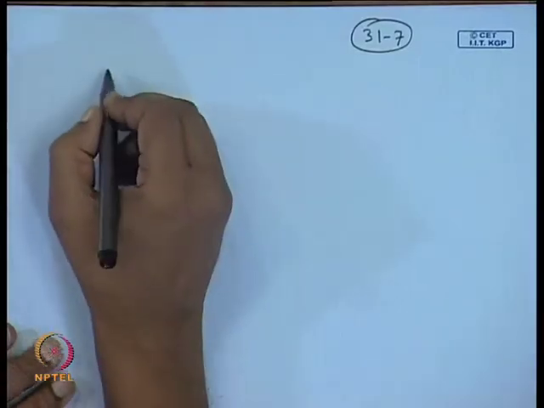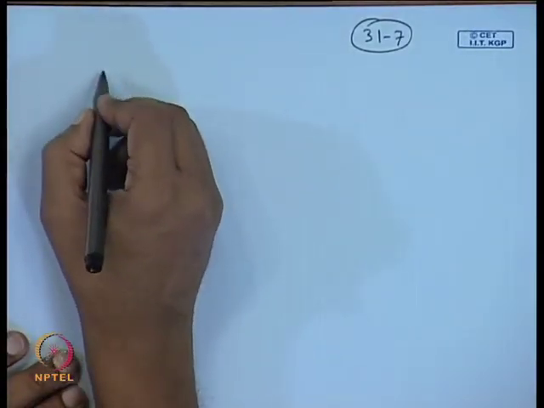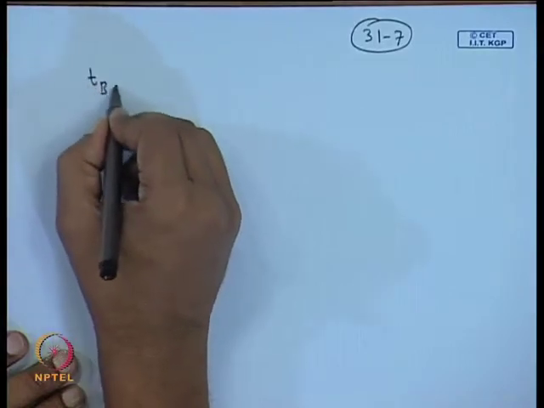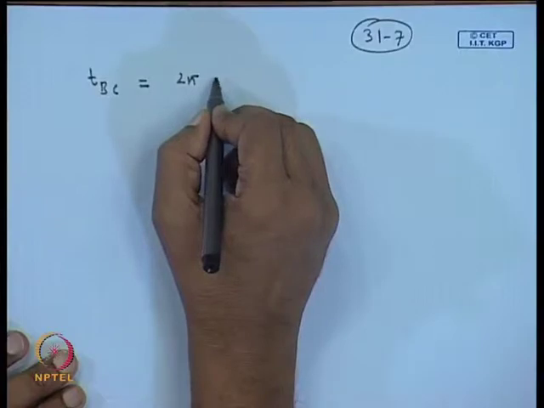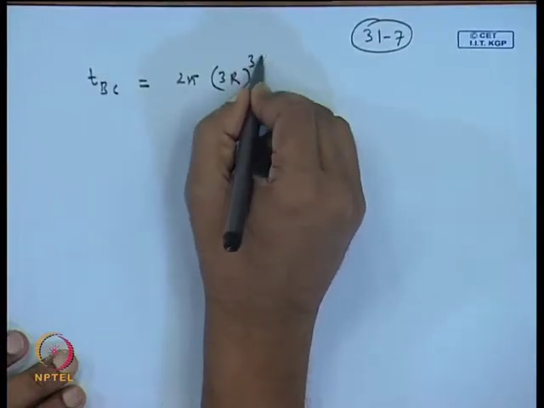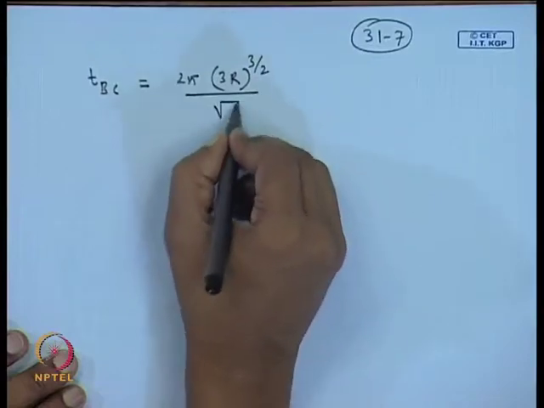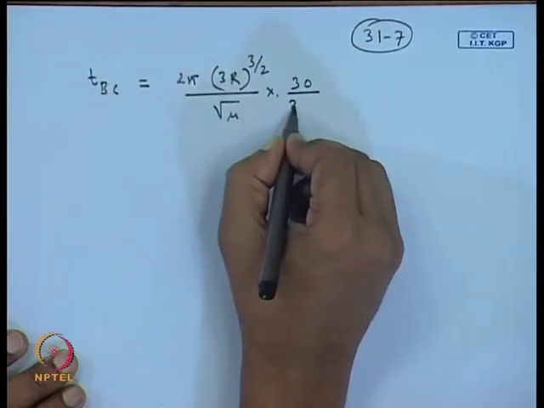Okay, so, if we now put these values, so TBC will become 2 pi times 3 r to the power 3 by 2 under root mu times 30 degree divided by 360 degree.